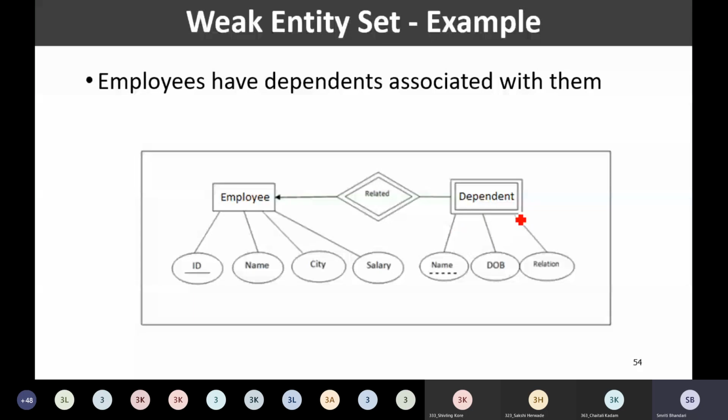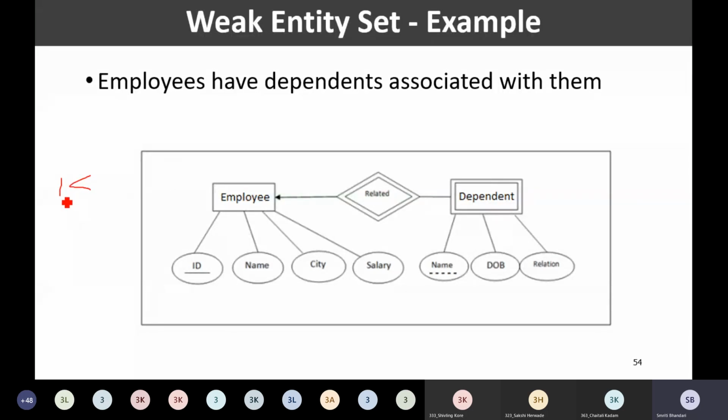And for this weak entity set, I have depicted name as the discriminator or the partial key. So what do I mean by that partial key? Suppose I have employee ID 1, and this employee ID has two dependents. How are these two dependents differentiated under that employee ID 1?